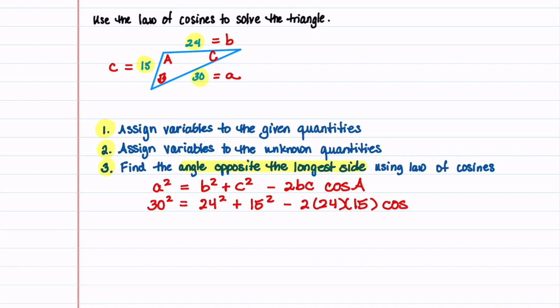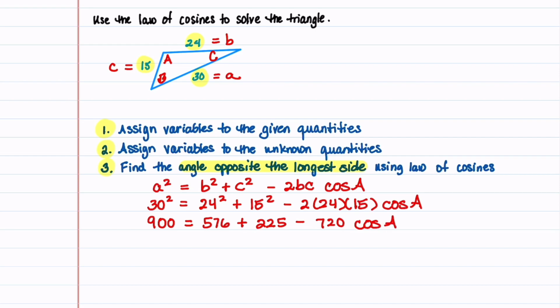And then we have cosine angle A, which is our unknown angle. On the left-hand side, we have 900. And then 24 squared is 576. 15 squared is 225. And then 2 times 24 times 15 is 720 times cosine A.